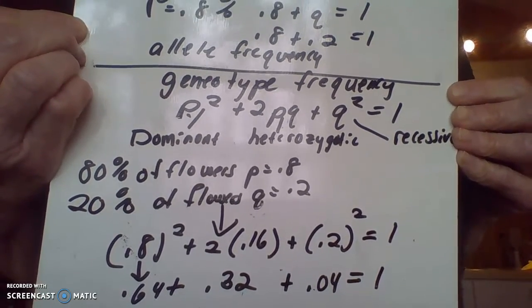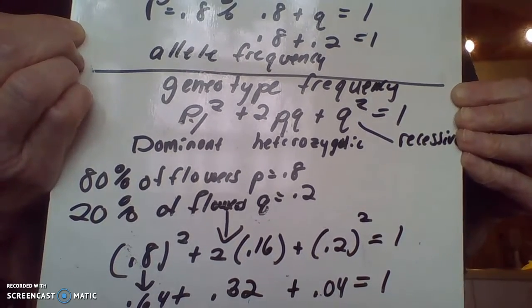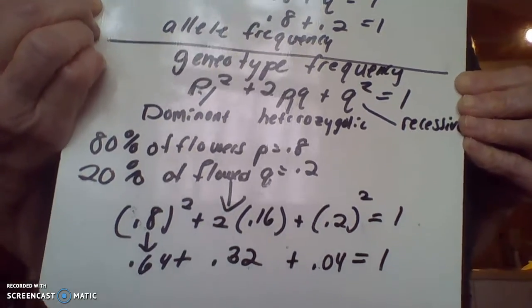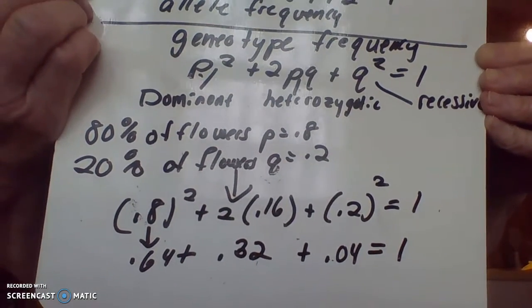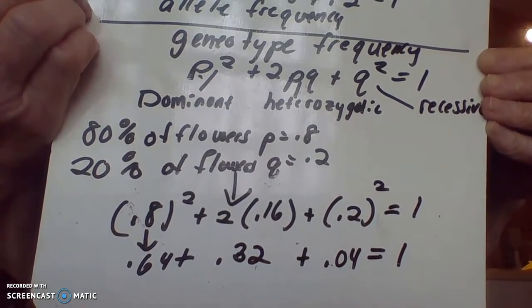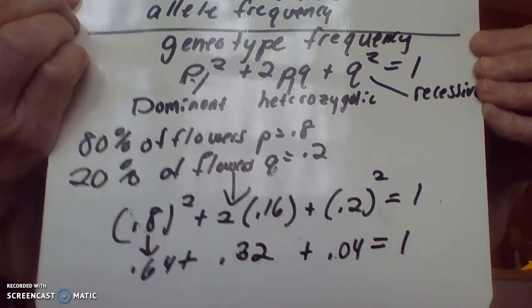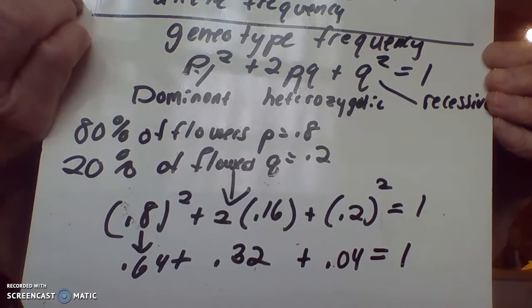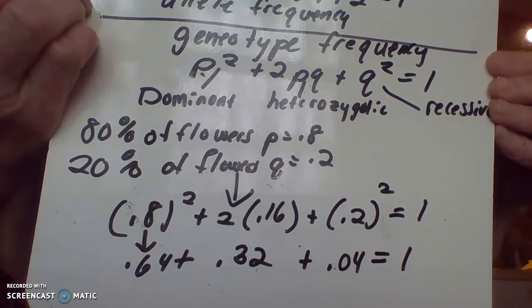Usually they'll give you either the dominant or the recessive, and P plus Q equals 1, and you can figure it out from there. So again, using the same statistics that I gave you above, if we had flowers where 80% of them were completely 100% dominant and 20% were completely 100% recessive, I can then plug in, and I want to know what percentage are going to be hybrids, or that heterozygous mix.